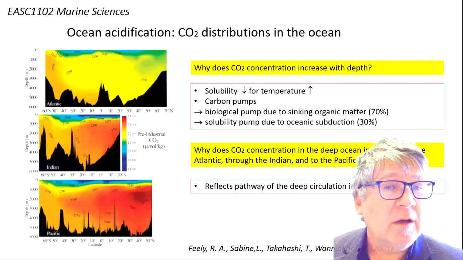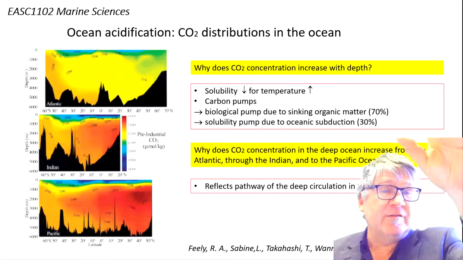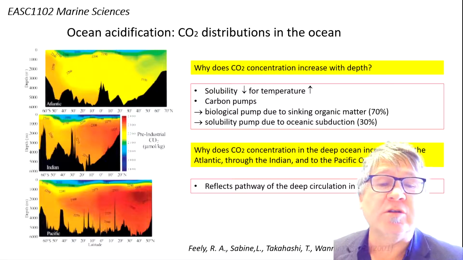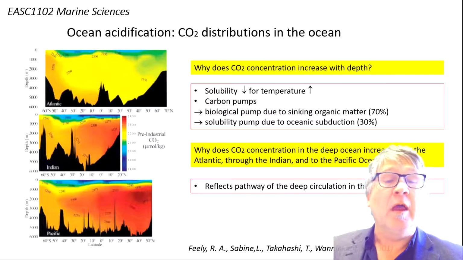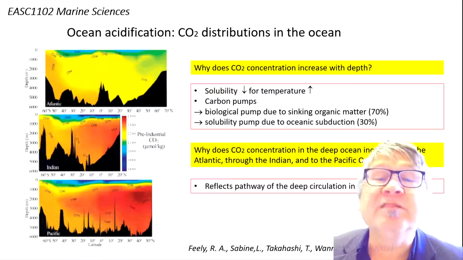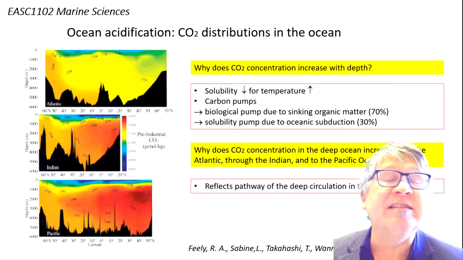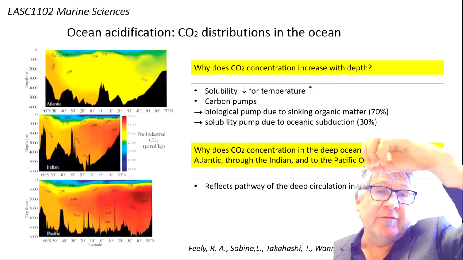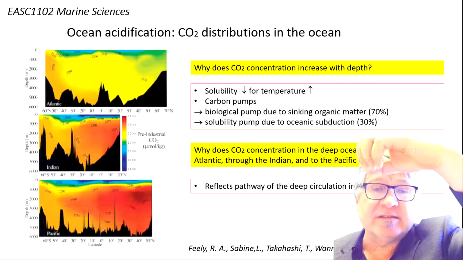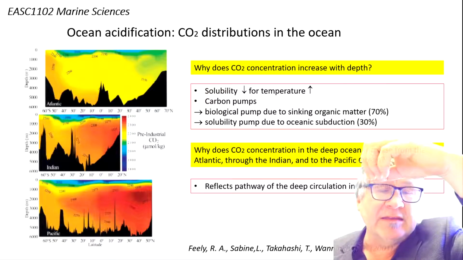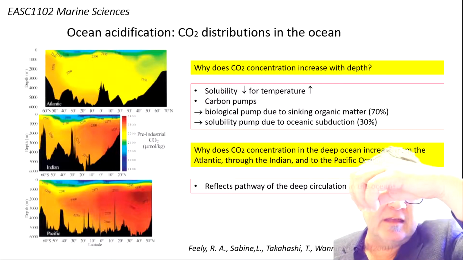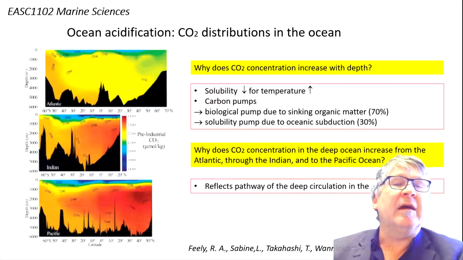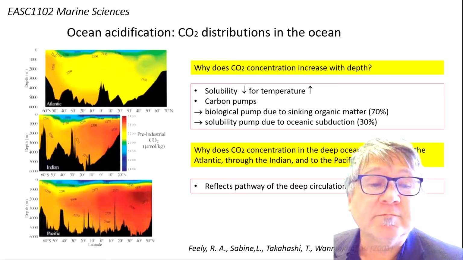move carbon from the surface into the deep oceans. And there are two parts, and the most significant part of that is the sinking organic matter. Particles of organic matter, so-called detritus, sink through the ocean, and as they arrive in deeper parts, they become redissolved.